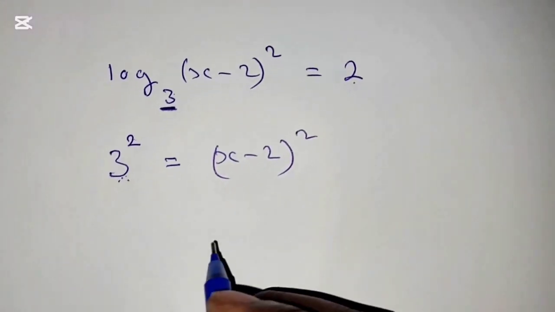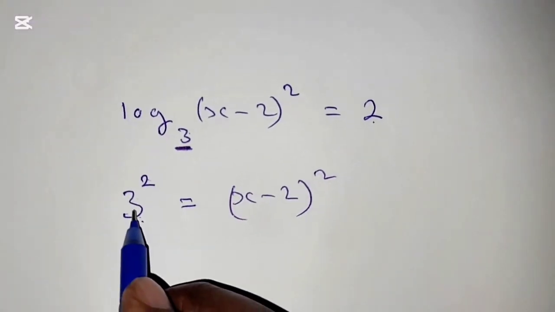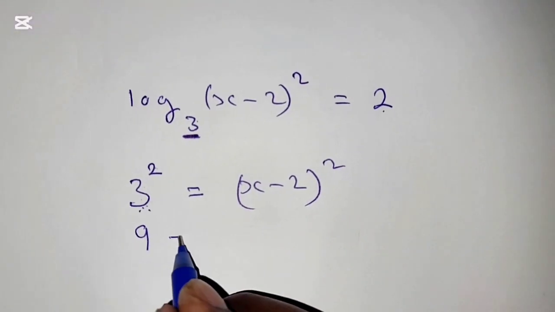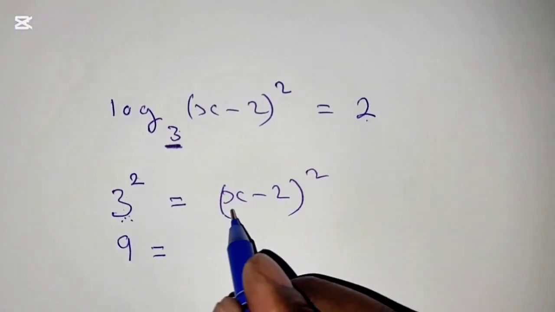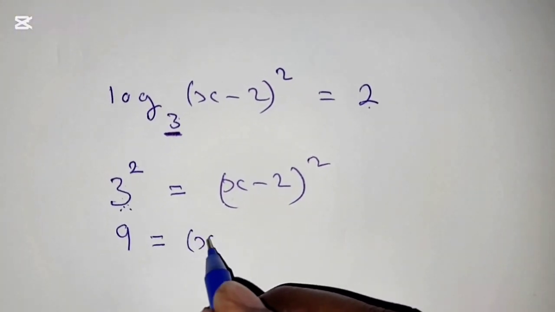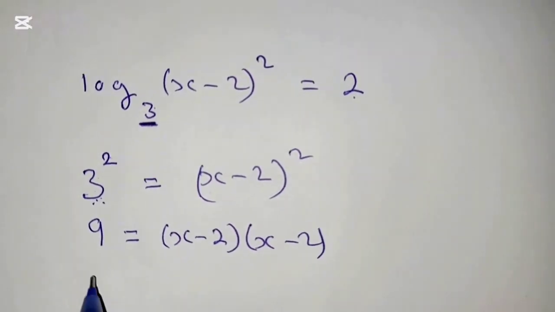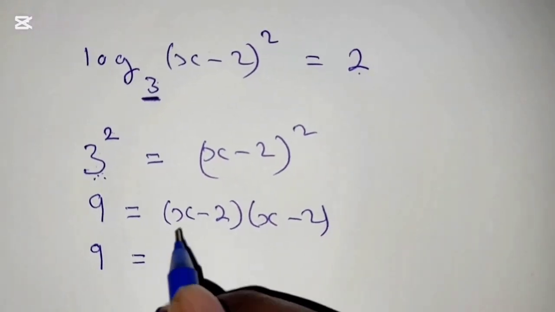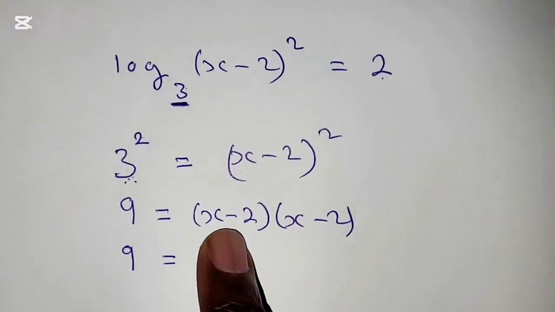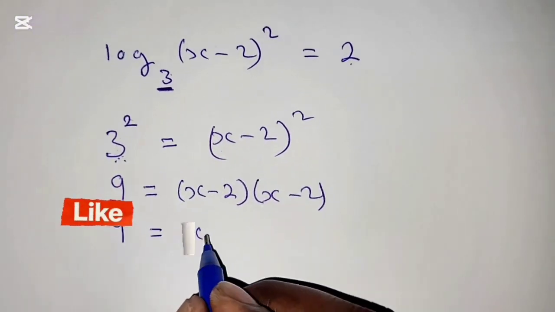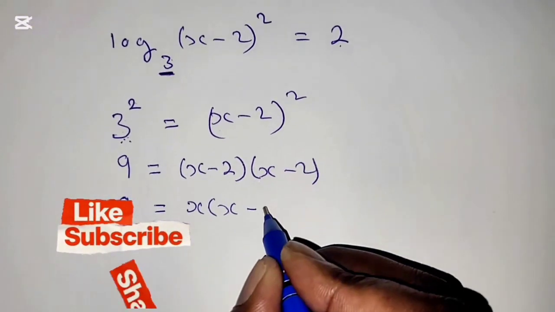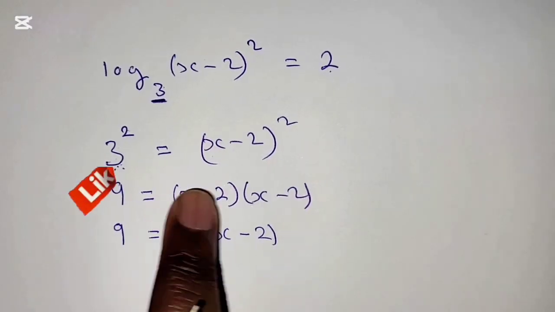Okay, are we together? Then 3 to the power of 2, we get 9, is equal to x minus 2 squared, which is the same as x minus 2 times x minus 2. So 9 is equal to, we are going to expand this bracket, x multiplied by x minus what? Minus 2. First bracket multiplies the second bracket.